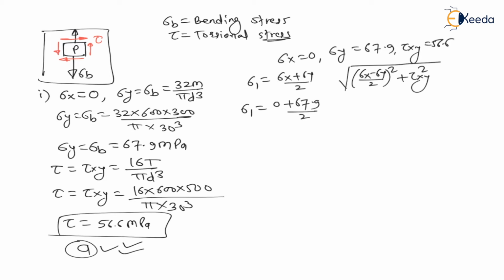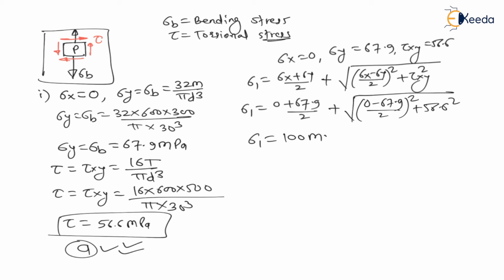Therefore, here we have to put only plus, because our target is to find major principal stress. Under root of ((0 minus 67.9) divided by 2) whole square plus 56.6 whole square, right? If you put all the values and find the answer for sigma 1, you will find that it is 100 MPa.